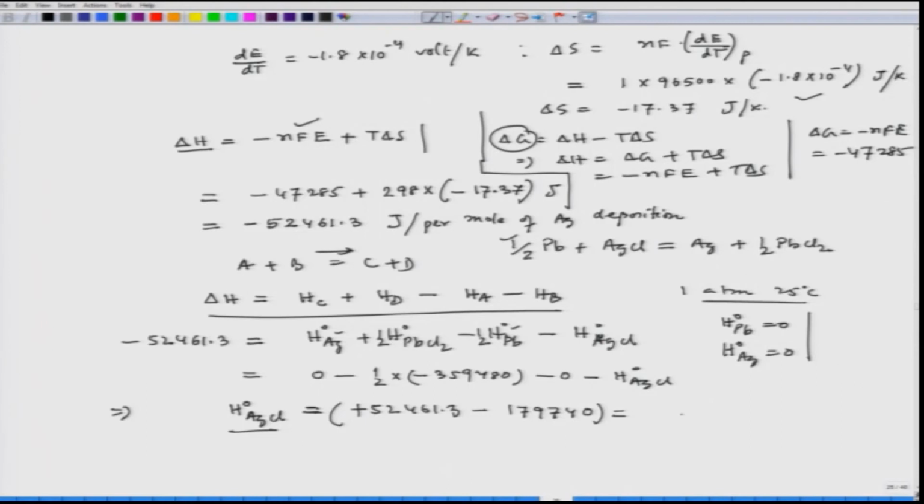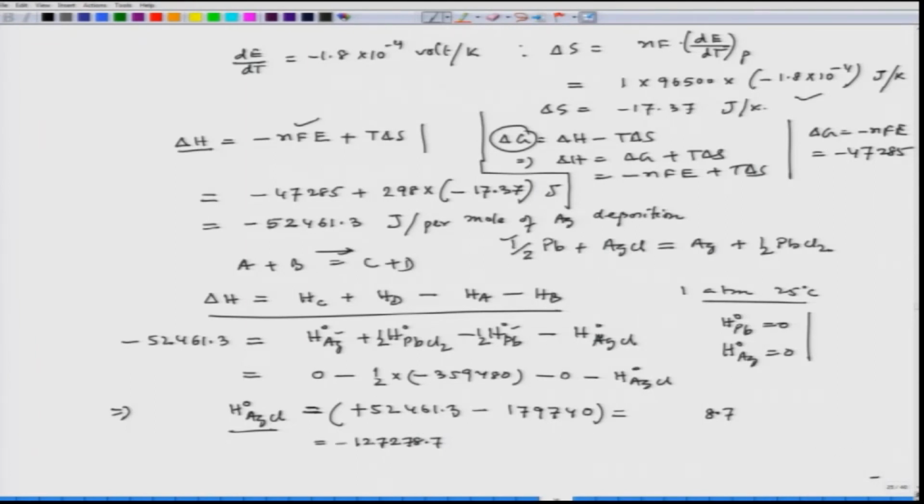So, equal to around, 179,740 minus 52461.3, which becomes 127,278.7.